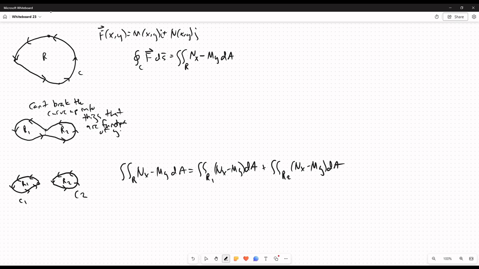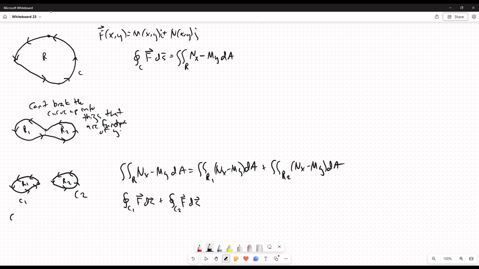Can I say the same about the curves? What can I say about the closed curve integral over C of F ds? Well, actually, let's go ahead and see what happens if I add the curves together. If I add together the integral over C1 of F ds plus the integral over C2 of F ds, I notice that I have my original boundary plus some extra stuff.